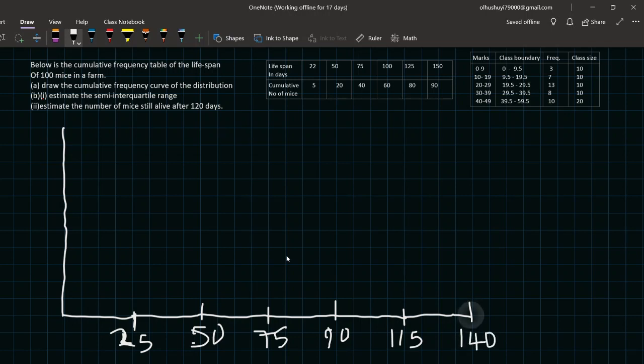So I have one more to go, 2 3 4. So 140 plus 25, I have 165. So I have 165 here.